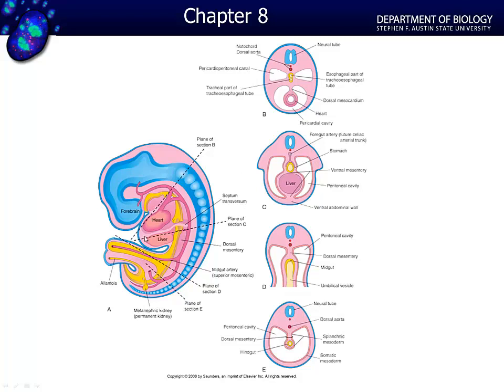As we move a little bit further down, still really in foregut region, we can see that we've got this pericardio-peritoneal canal. This is a little bit later in development, but that's what this would be synonymous with. But then in the middle region where we have our midgut, we have our umbilical cord, we have our connecting stalk, all these materials, we're going to have this open communication that's still going to persist.